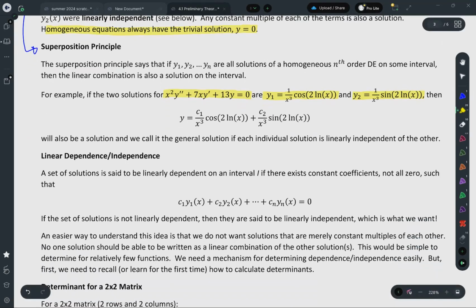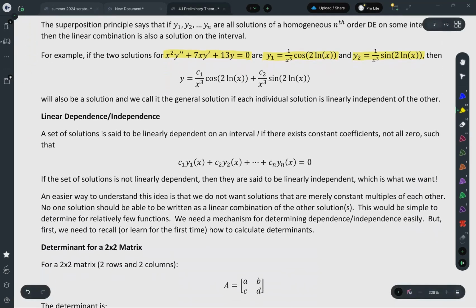So let's talk a little bit more about the linear dependence and independence, because I gave some examples like x squared and 7x squared. It's pretty clear that one is a multiple of the other. But it's not always obvious when two functions are linearly dependent, like one is related to the other in a big way.